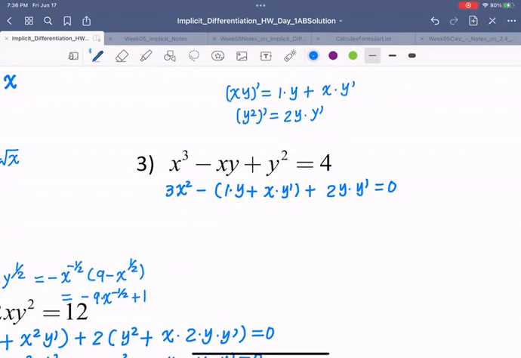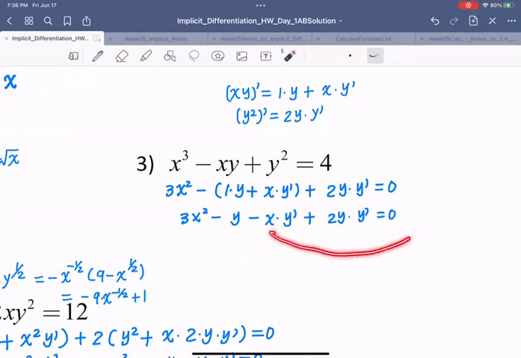And then you would go 3x squared minus y, minus x times y prime, plus 2y times y prime. Next. Let's move these two guys around to the right, please.